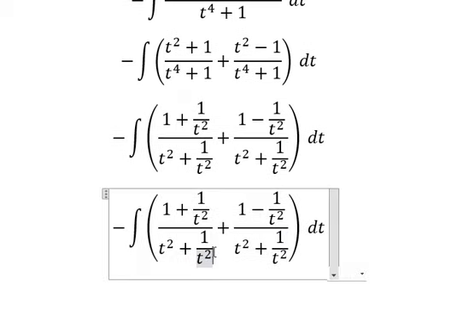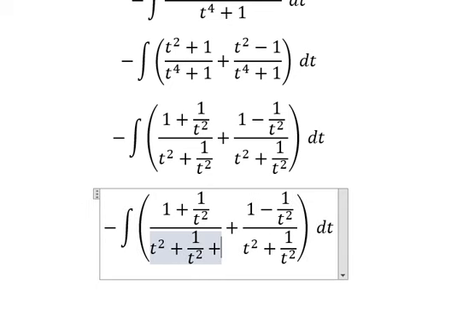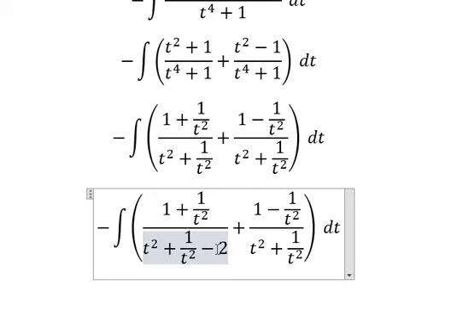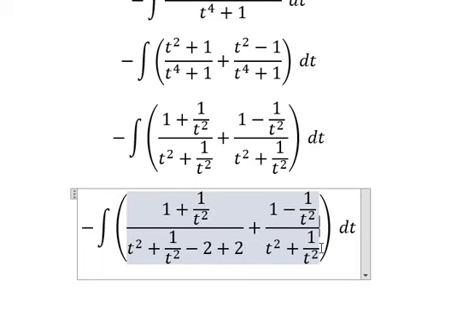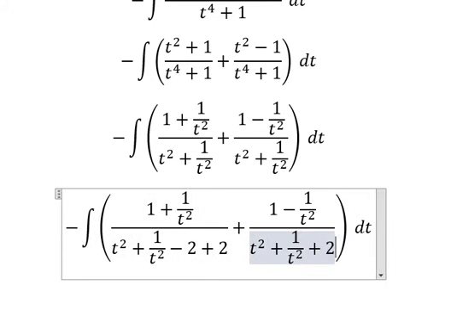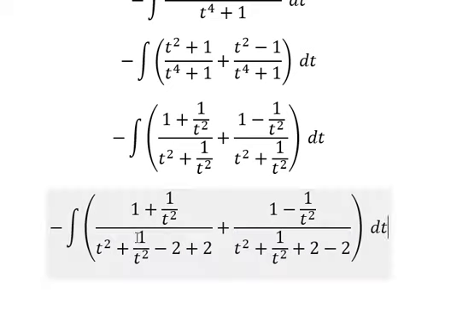Next, I will add, I will put negative number 2. Later, we need to add positive number 2. This one, I will put positive number 2. Later, we need to put negative number 2.